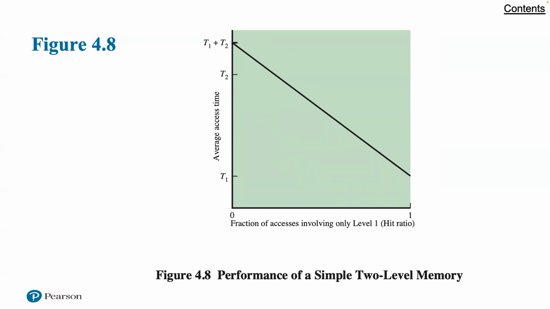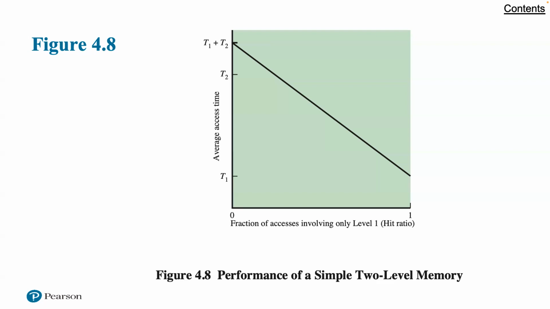So in this figure, figure 4.8, it shows the general shape of the curve that covers this situation. The figure shows the average access time to a two-level memory as a function of the hit ratio H, where H is defined as the fraction of all memory accesses that are found in the faster memory, that is the cache.